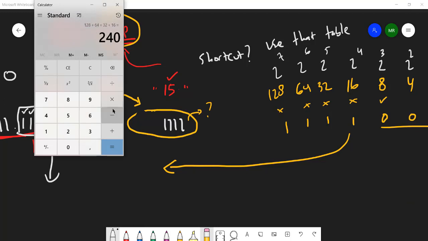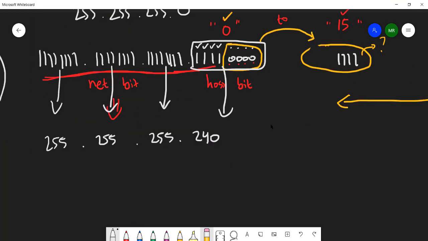With the fourth octet of 240, that means we have 0 to 15, which is 16 IPs. So we have a spare 5 IPs left if you want to expand a little further.